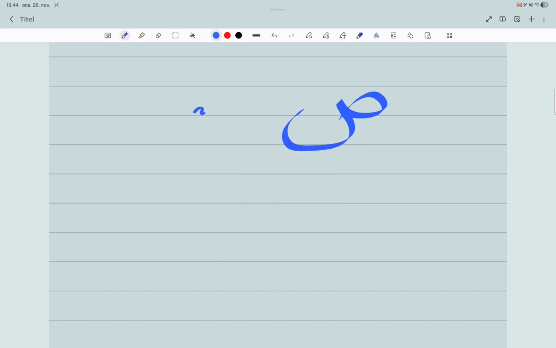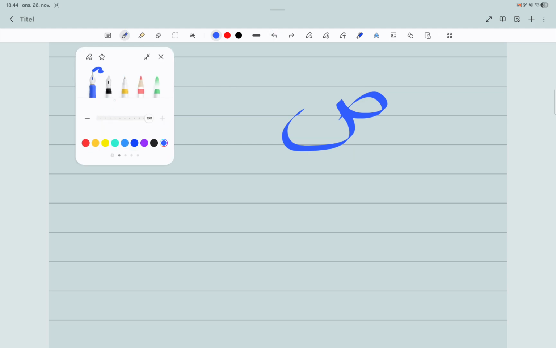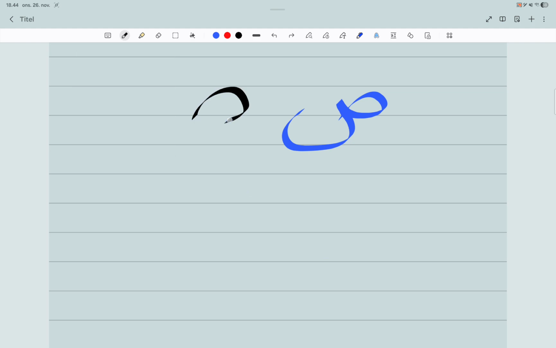And look very carefully how it's written, okay? So you will remember it in the future, inshallah. Sad, sad.